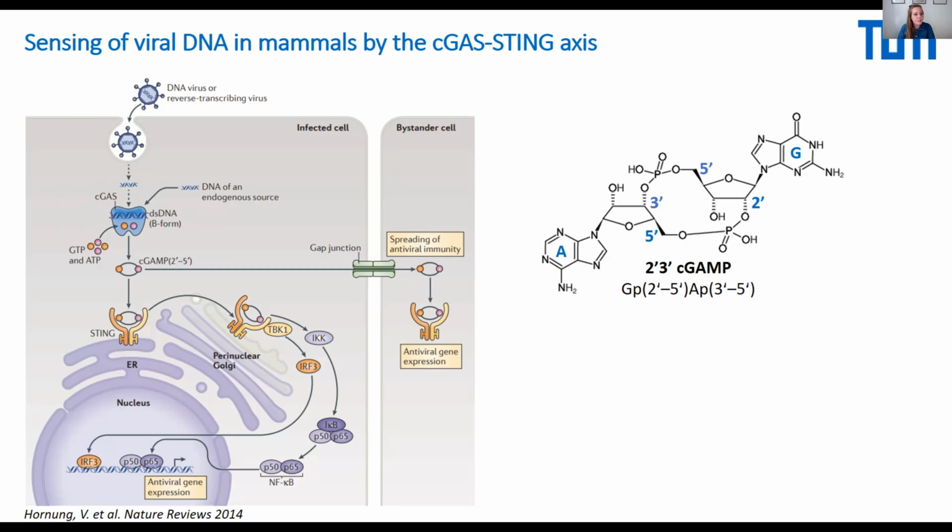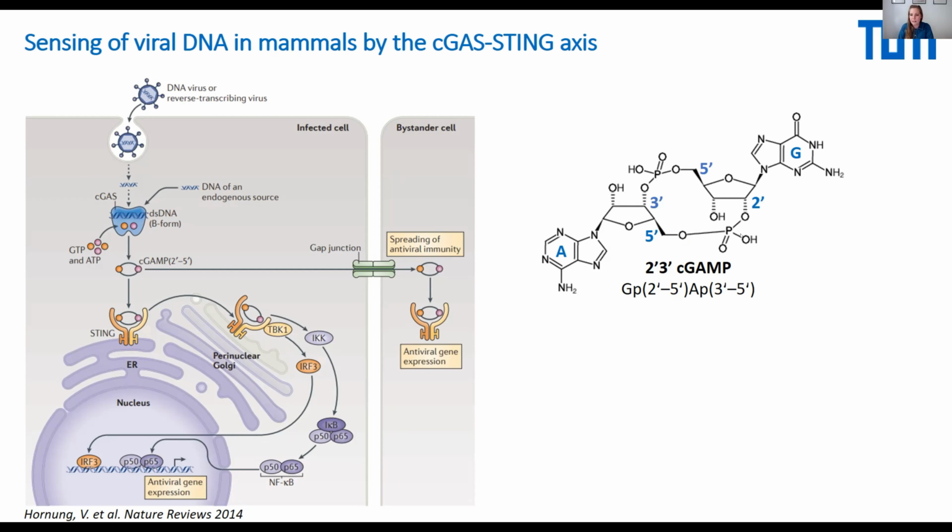So what it does is that cGAS recognizes double-stranded DNA, and then it synthesizes cGAMP, which is a cyclic dinucleotide that is special in a way that it has a mixed linkage.